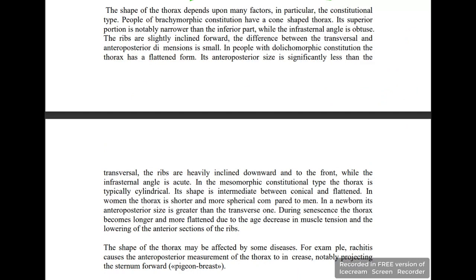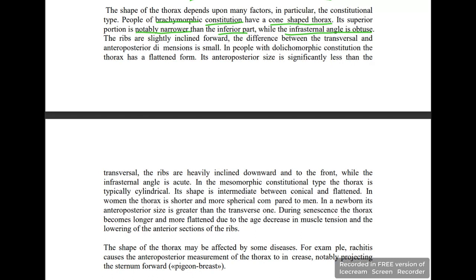Now, see, the shape of the thorax depends upon many factors, particularly the constitutional type. People of the brachiomorphic constitution have a cone-shaped thorax. Its superior portion is notably narrower than the inferior part, while the infrasternal angle is obtuse. These are the few points which you need to keep in mind.